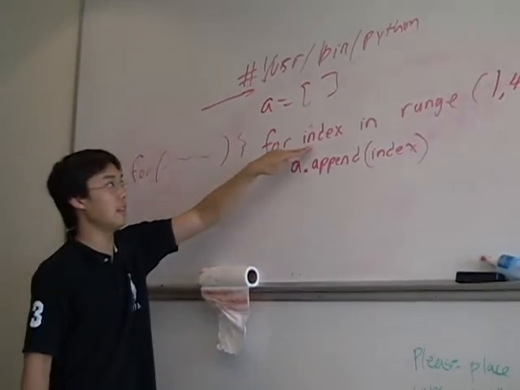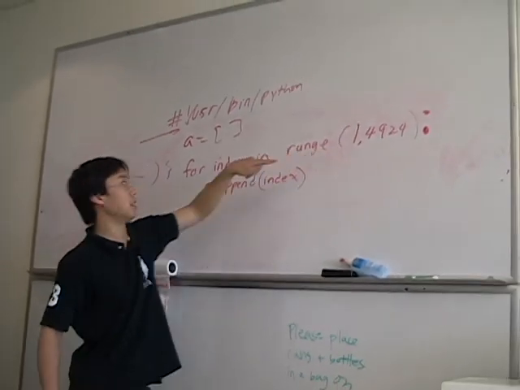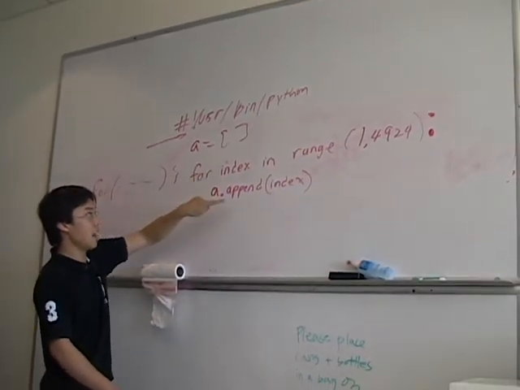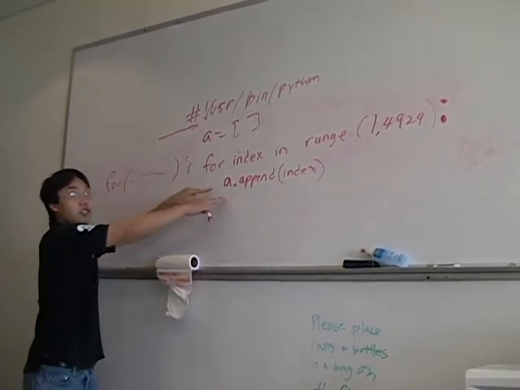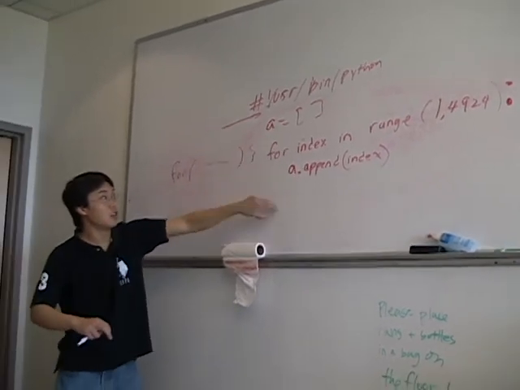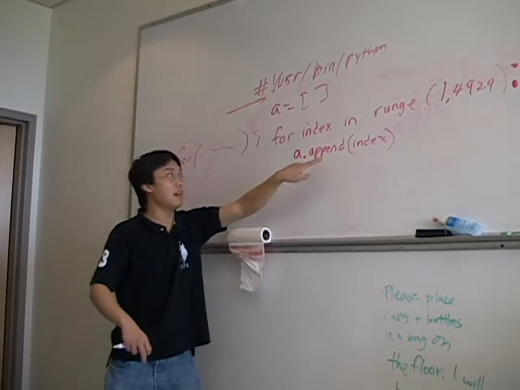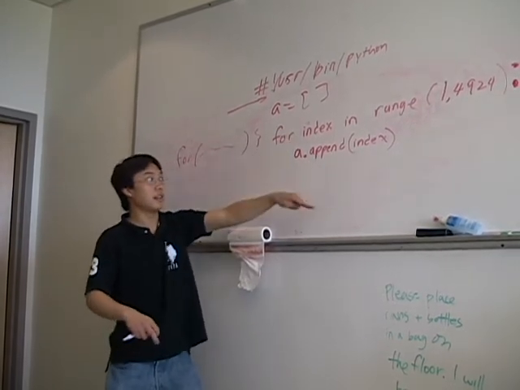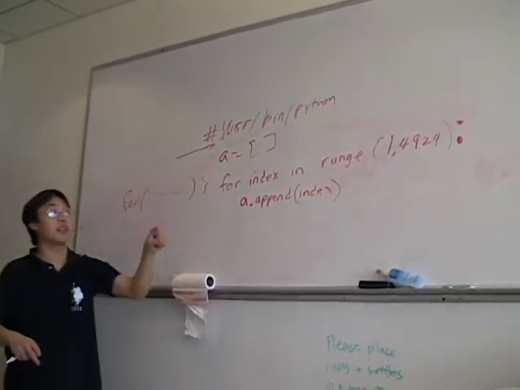So let's say that index is equal to 1 because it gets the 1 from the range function. Index is 1, and it's going to append 1 into the list. Now, once you're done with executing all your instructions in the block, you're going to increment the index. Index becomes 2, and it's going to append 2 into the list. 3, 4, 5, etc., all the way until 4,923.